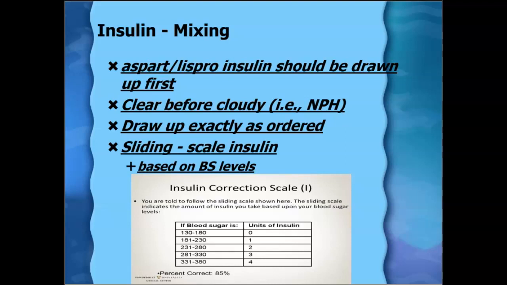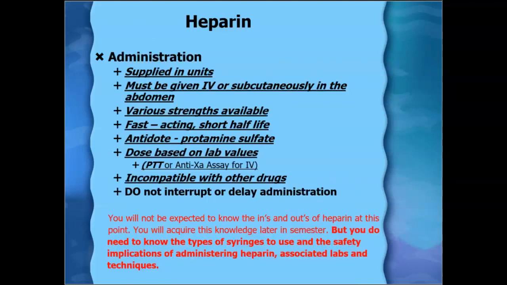You're going to draw up exactly as it's ordered. And we do sometimes have what's called a sliding scale insulin. And this is to cover a patient's increased blood sugars due to maybe diet or stress and stuff like that, right? So this is a sliding scale, and most of the sliding scales are the same. They match. And your facility will have a sliding scale that they use.